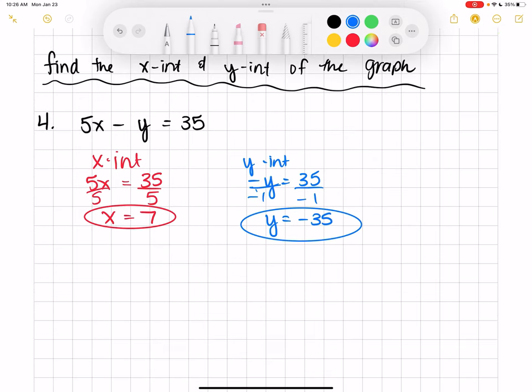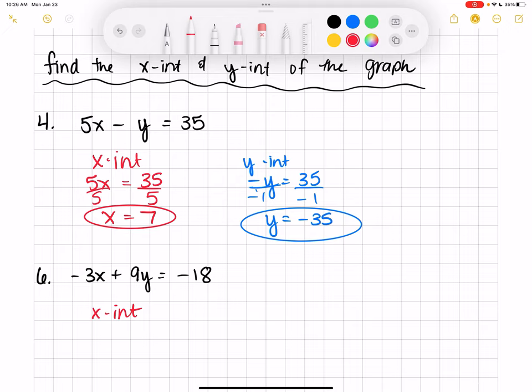All right, let's see. 6. Negative 3x plus 9y is equal to negative 18. To find my x-intercept, I'm covering up the y.